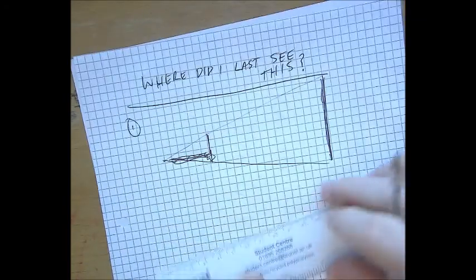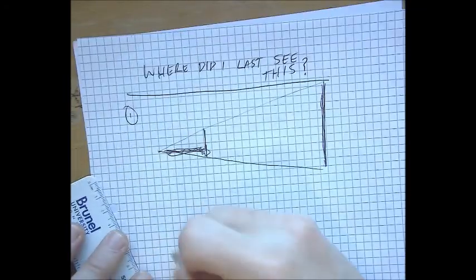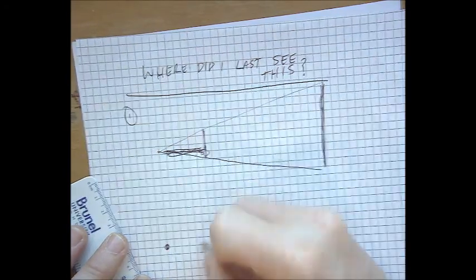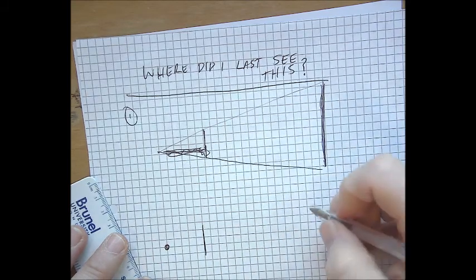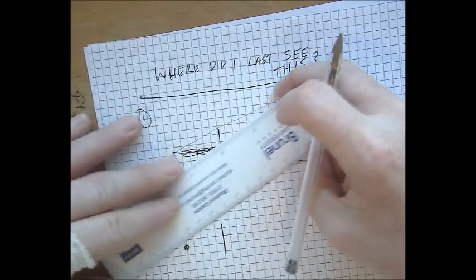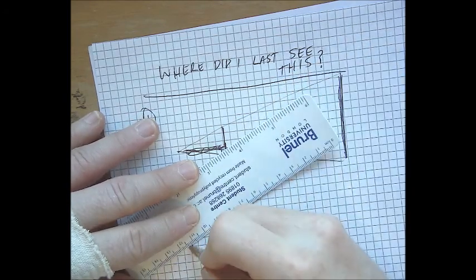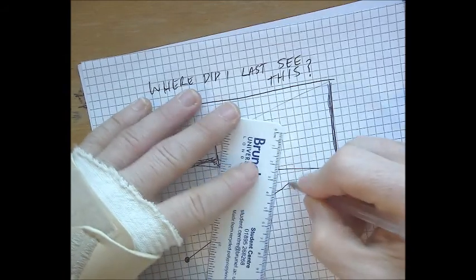Okay, so now I've got the general gist. I'll make that a bit more accurate. So we've got I, ruler, tree.